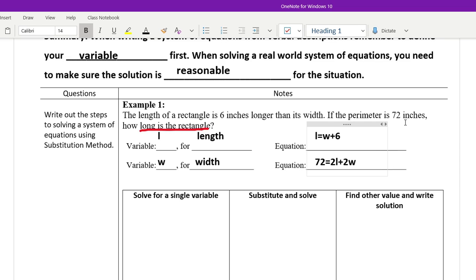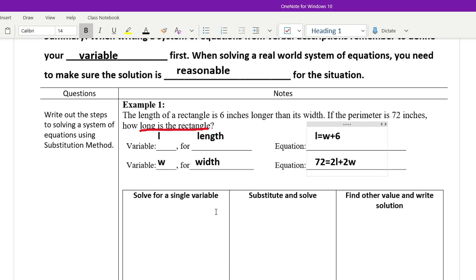It is 72 inches. So now we have two equations that both have the same variable. Normally before this, we always wanted it to where it only gave us one variable left in our equation, but that's not the case here. Both of these have a length and a width in the equations.